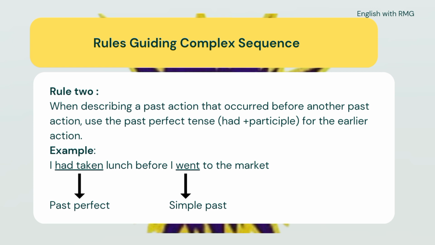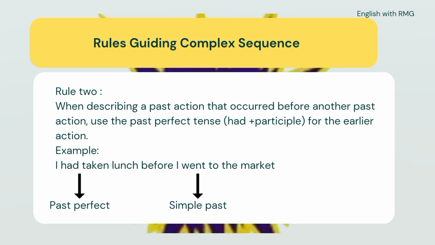Now, let's look at an example. I had taken lunch before I went to the market. Both actions happened in the past, but one happened earlier before the other. So you say, I had taken lunch, past perfect, before I went to the market, simple past. Do you understand?